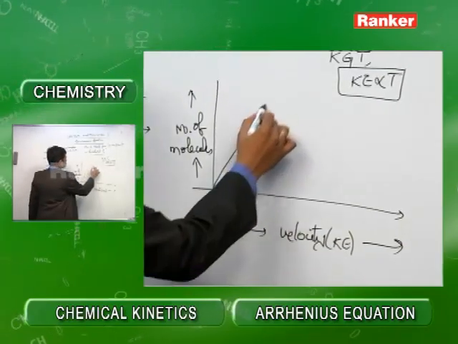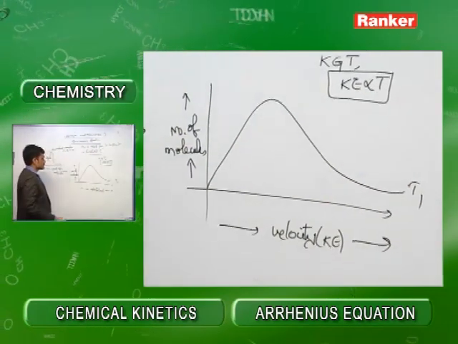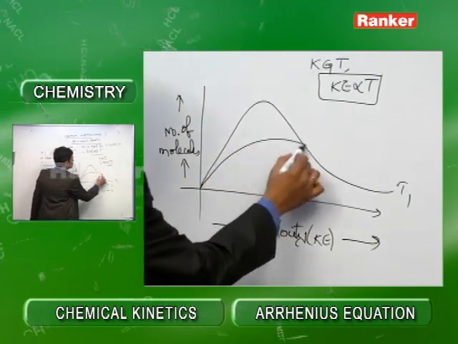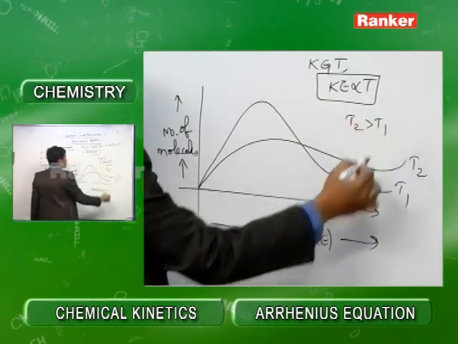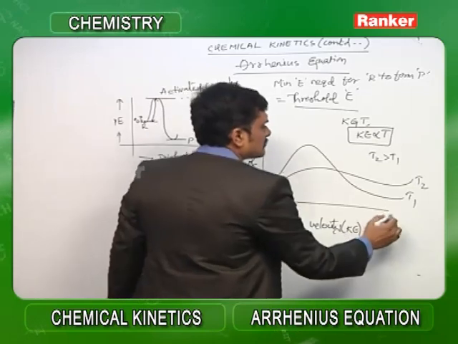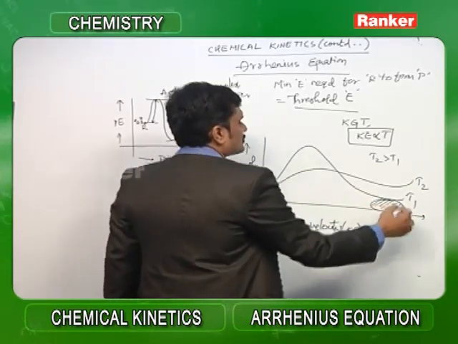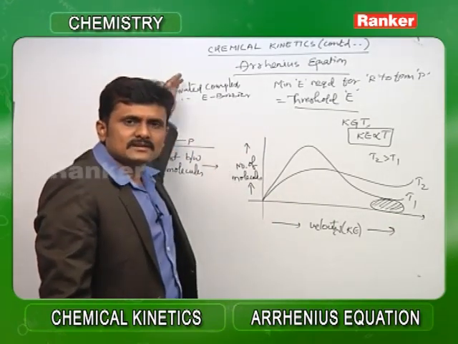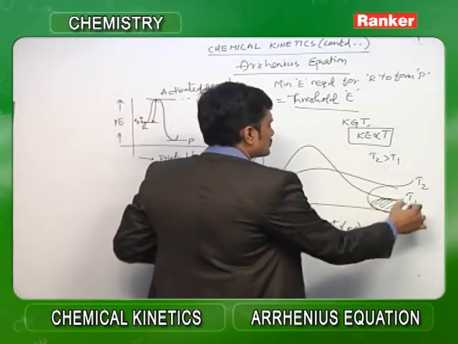At a particular temperature T1, this is the graph, and when temperature is increased to T2, the graph will be more diffused. Here we know that T2 is greater than T1. The area under this cross section, which gives the number of reactant molecules crossing the energy barrier, is increased when you increase the temperature.